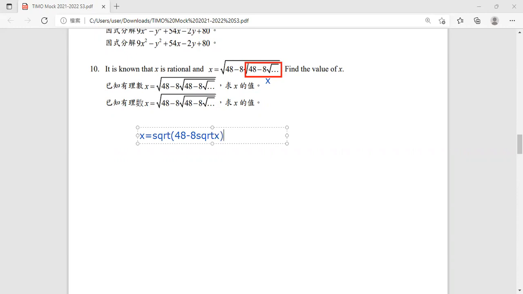Then what can I do here? I just square both sides: x squared equal to 48 minus x.